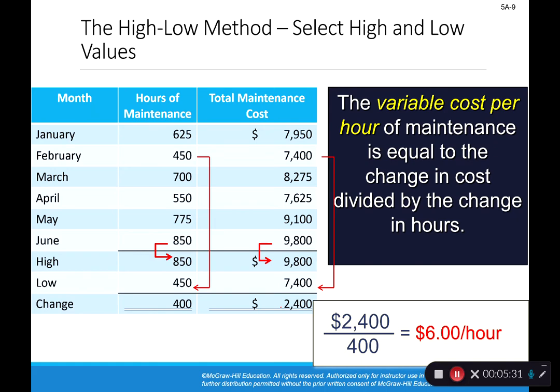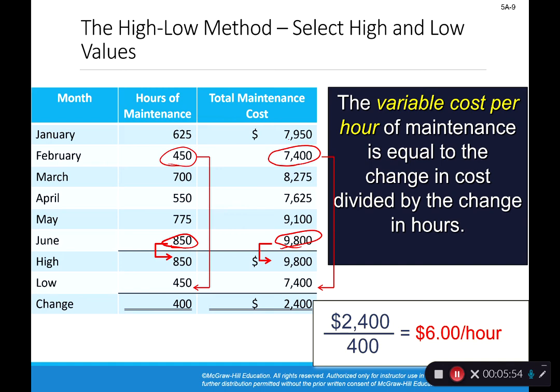With the high-low method, we choose our high and low data point based on activity. So our low data point based on activity is 450, and our high data point is 850, and then we use the corresponding maintenance cost that goes with each one.